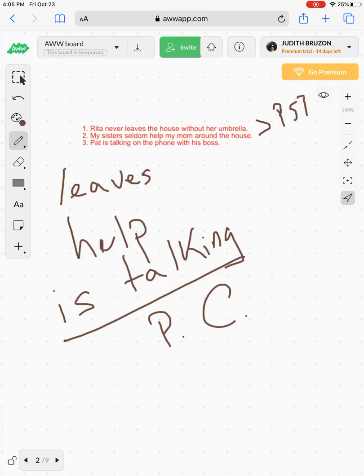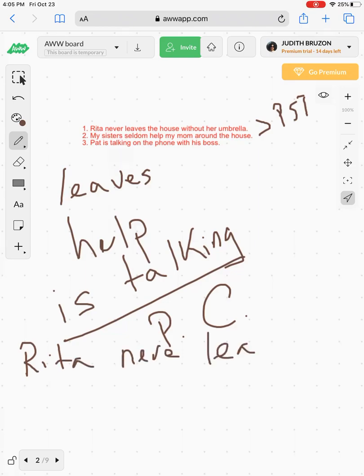Okay, so a fact is that Rita never leaves her house without her umbrella. And another fact is that my sisters seldom help my mom, right?